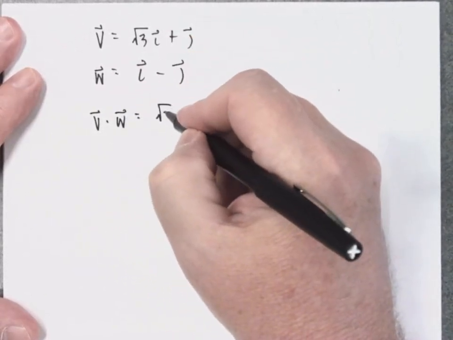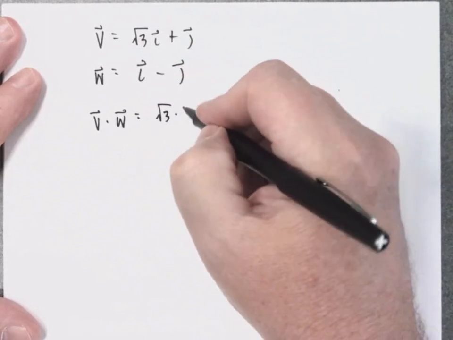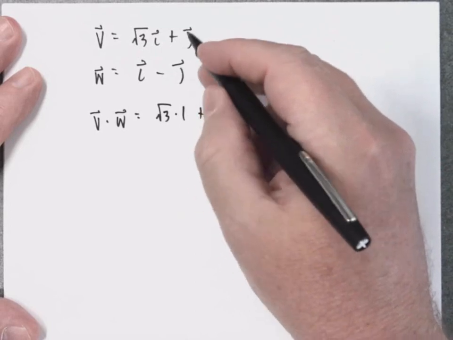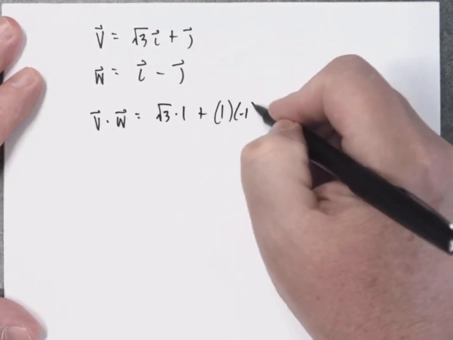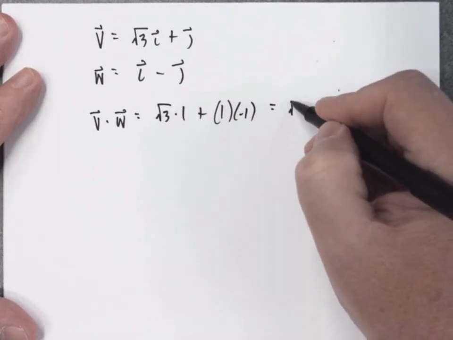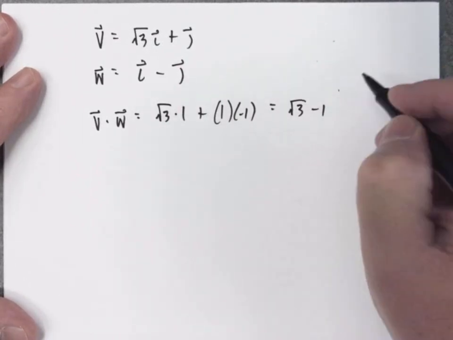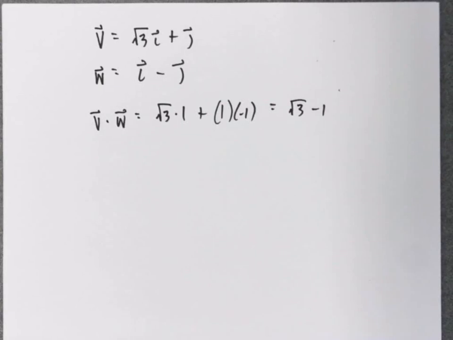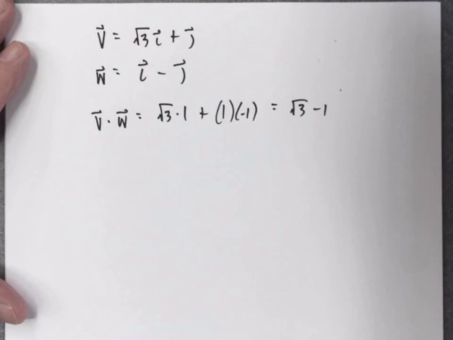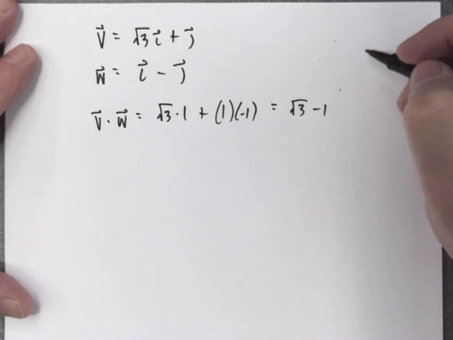So square root of 3 times 1, so the i parts, plus 1 times negative 1. So it looks like this dot product is square root of 3 minus 1. Let's just leave it like that for now. I think eventually we're going to use our calculator, but for now we'll leave it like this.